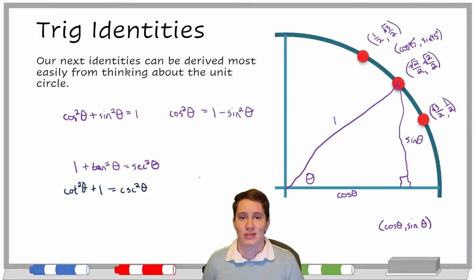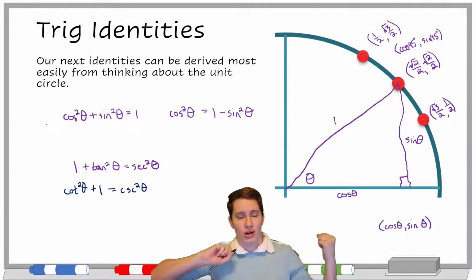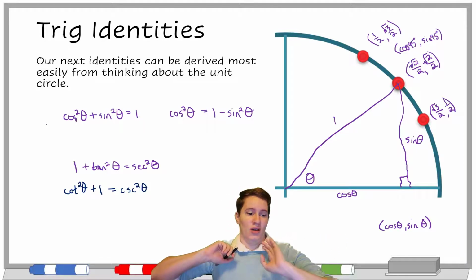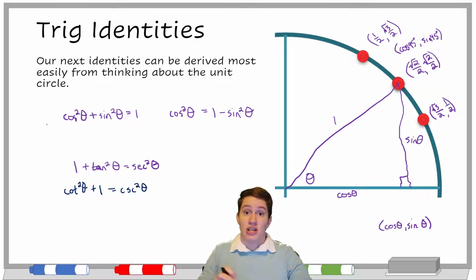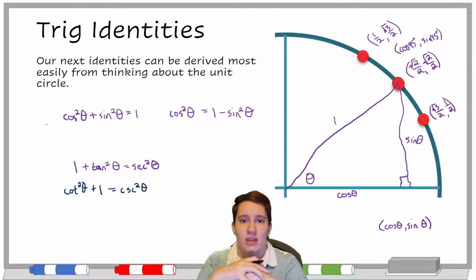That's part of what makes these tricky: you might not see cosine squared plus sine squared, but instead see 1 minus sine squared and be expected to change that to cosine squared. So if we see a squared somewhere, is it helpful to use the Pythagorean identities to change it to the other trig function? Sometimes it will be helpful, sometimes it won't.